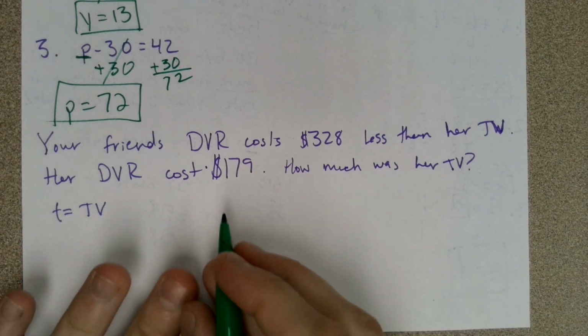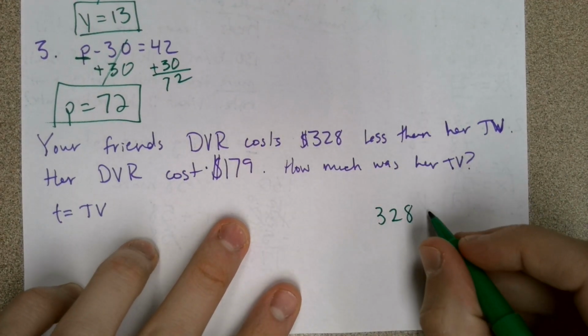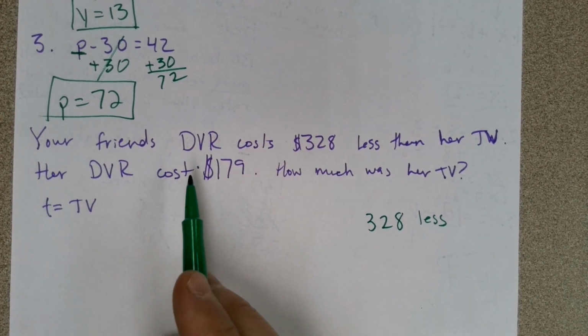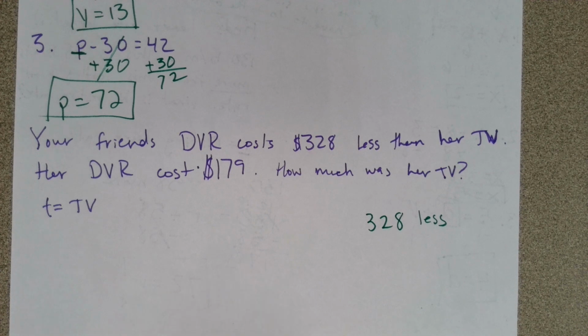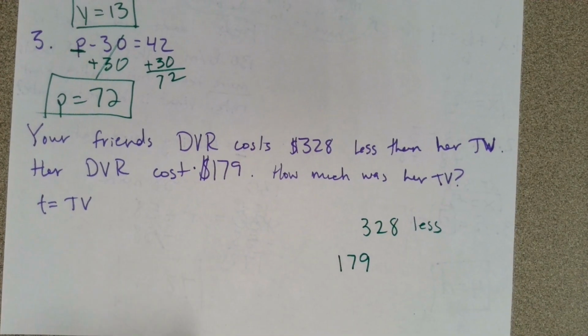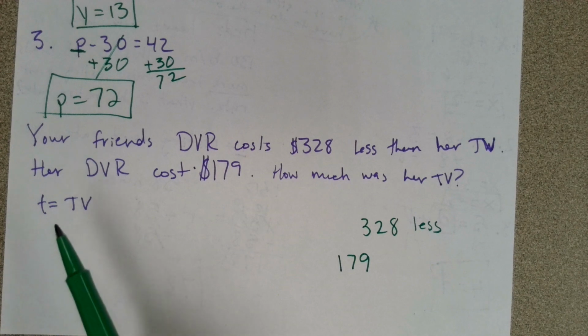All right, they tell us your friend's DVR costs $328 less than her TV. So the DVR costs less than the TV. We know the DVR costs $179. I'm reading this again. I see that T is what we're going to use for our TV.